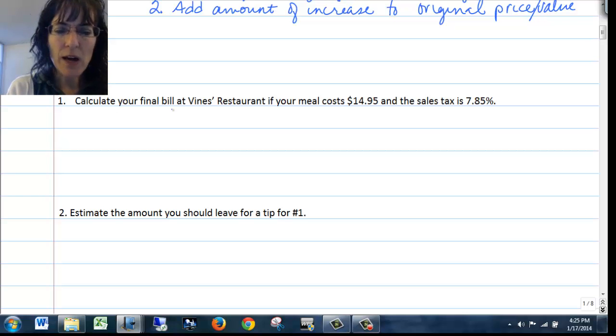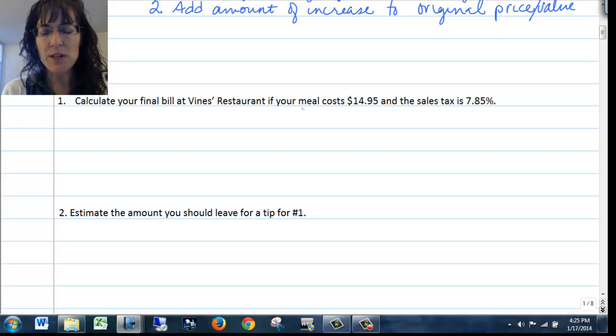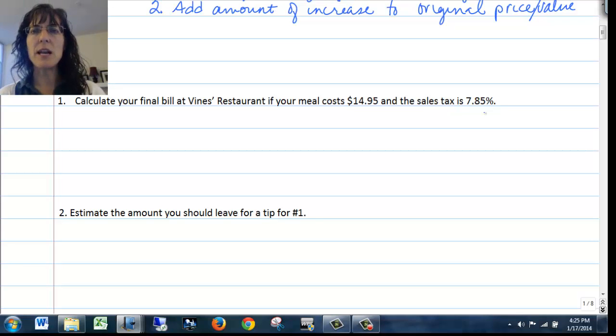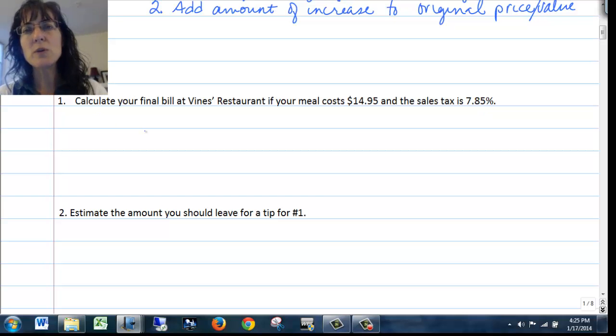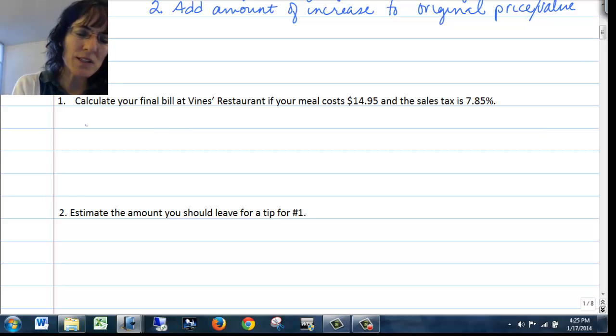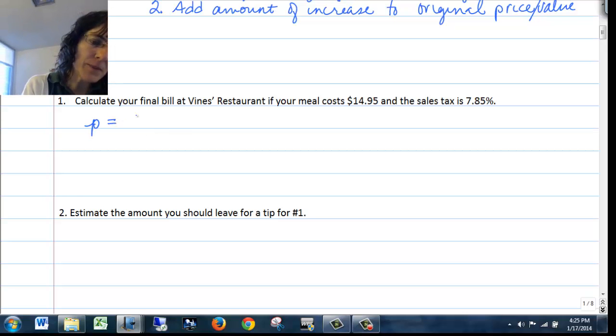Okay, so calculate your final bill at Vine's restaurant if your meal costs $14.95 and the sales tax is 7.85%. So the first thing is we can use estimation on these. I want to show you this formula first so that you've seen it in action at least once. So my little p is going to be the percent, so 7.85 divided by 100.